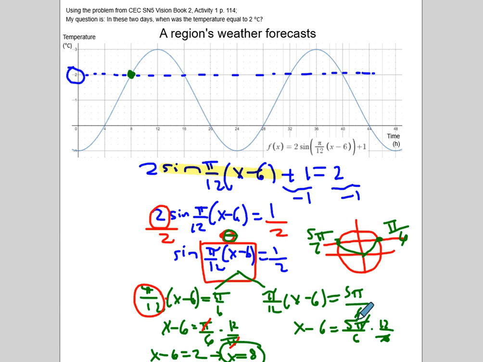So we're going to be left with 5 times 12, which is 60 divided by 6. So x minus 6 is equal to 10. And if we move the minus 6 on the other side, we're going to get that x is equal to 16. If you go check in your graph, that is exactly the second point here.